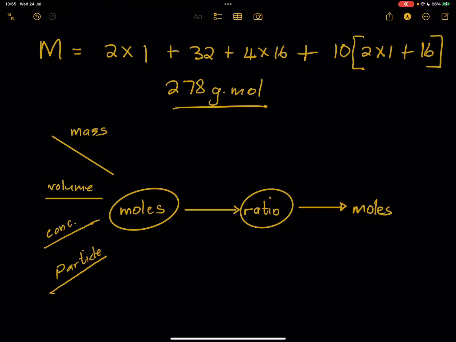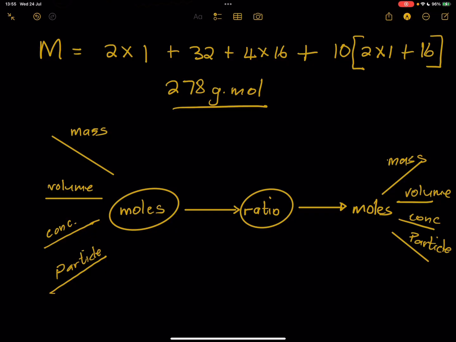Sometimes they may ask us to calculate the mass, the volume, or whatever it is that we are given. We can convert it back from moles to mass, volume, concentration, or even the number of particles, depending on what the question wants from us.